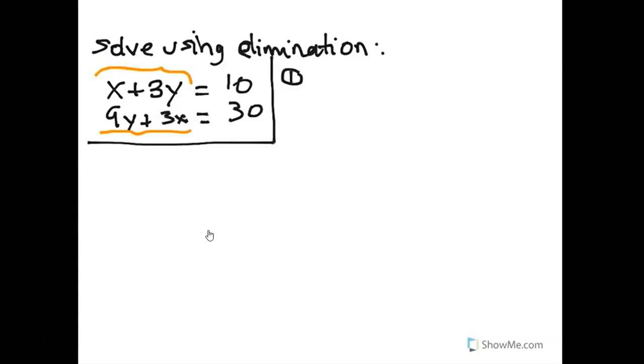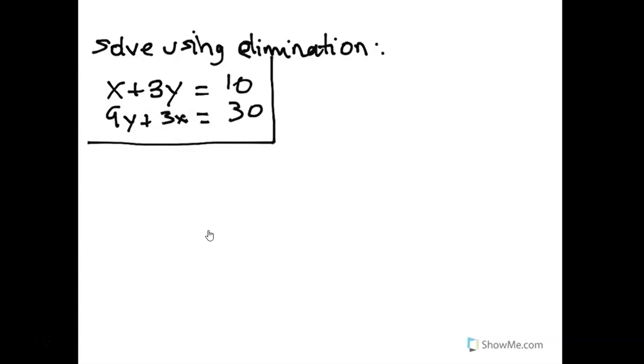In this case, we can see that we have the x above the y's on the left side, and then we have the y's above the x as well, and we don't want that. We want the x's and y's above each other.